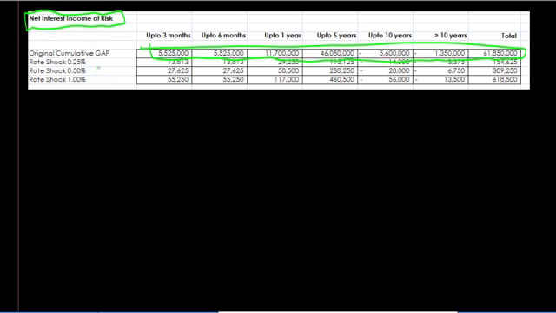So what we've done is saying, if interest rates go up by 25 basis points, they go up by 50 basis points, if they go up by 1 percentage point, what is the impact on my net interest income in the 3 month, in the 6 month, in the 1 year, in the 5 year, and in the 10 year bucket, and in the greater than 10 year bucket.